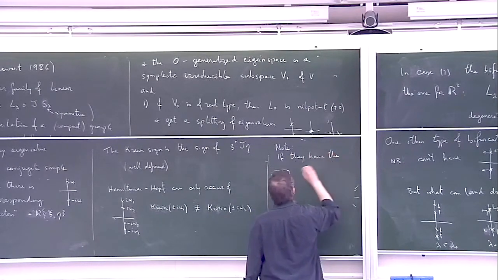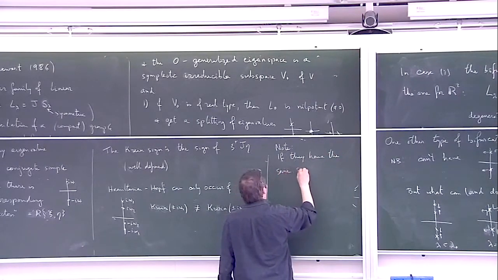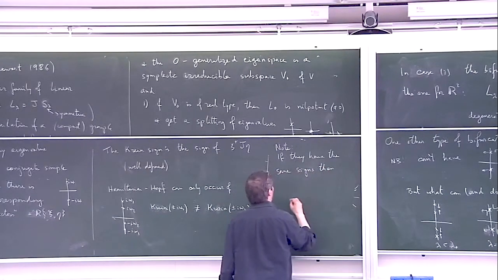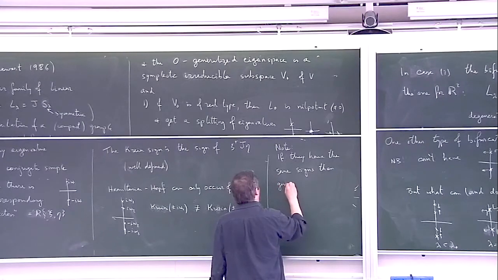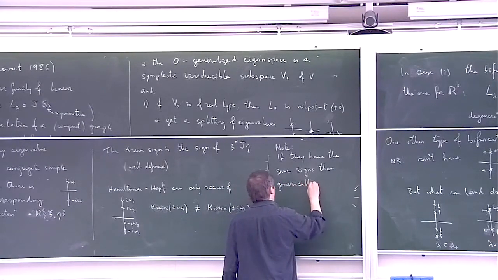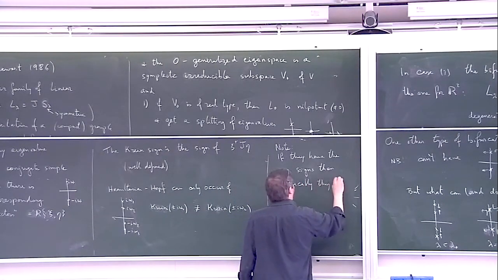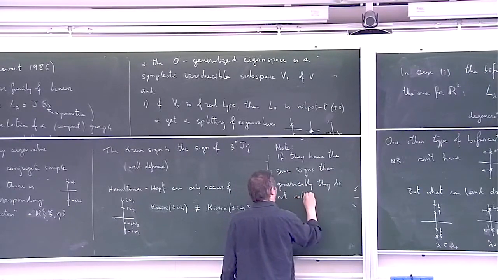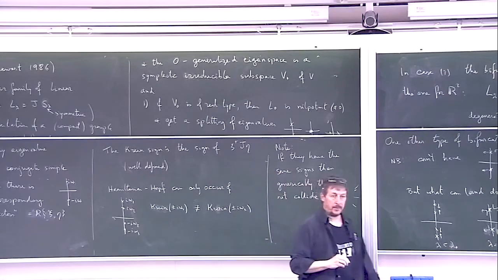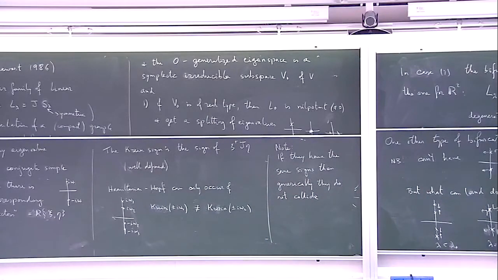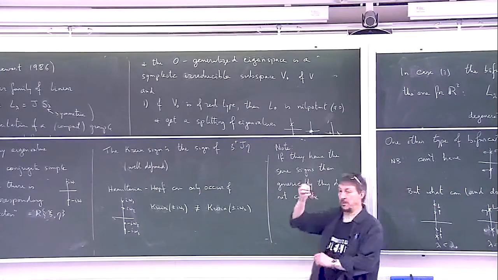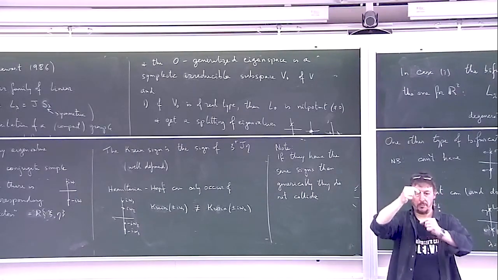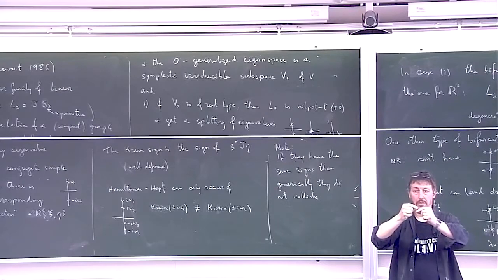If they have the same signs, then generically they do not collide. So if you do have a one-parameter family where this happens, they can't bifurcate off.